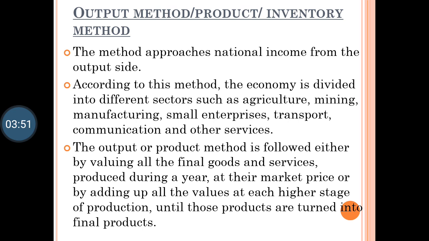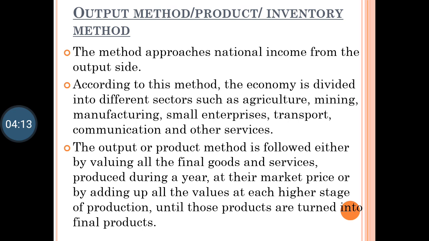The output or product method is followed either by valuing all the final goods and services produced during a year at their market price, or by adding up all the values at each higher stage of production until these products are turned into final products.